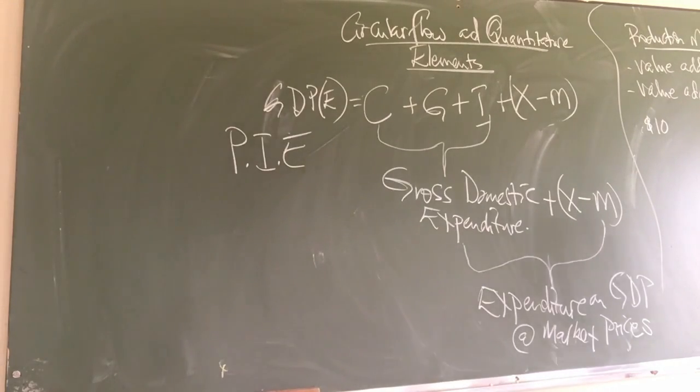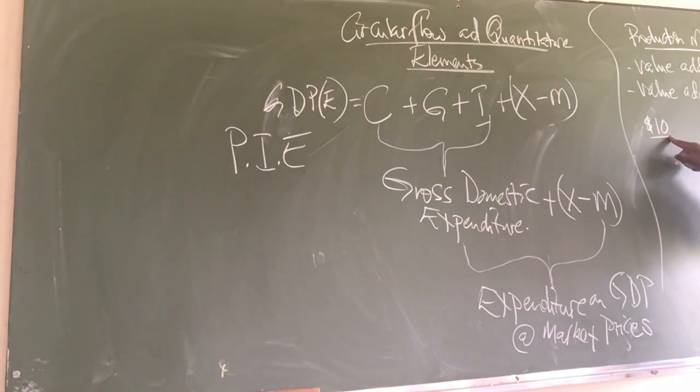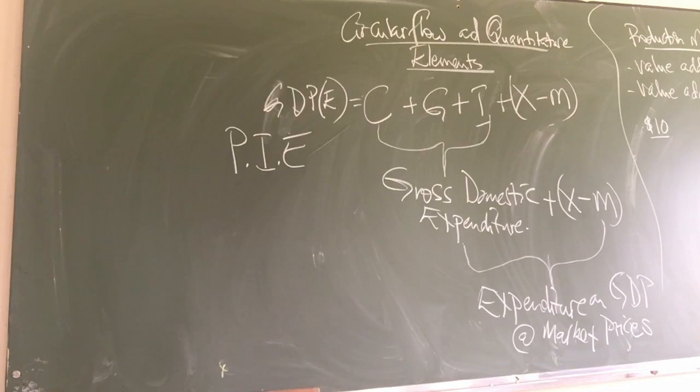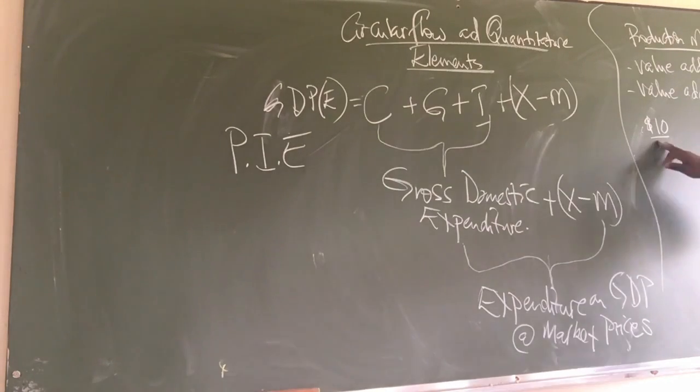So this was the output from the primary sector, $10. Then the secondary sector added some value to the diamond. How much value did they add? Probably when the diamond left as a ring, that ring is now worth maybe $30, for example.